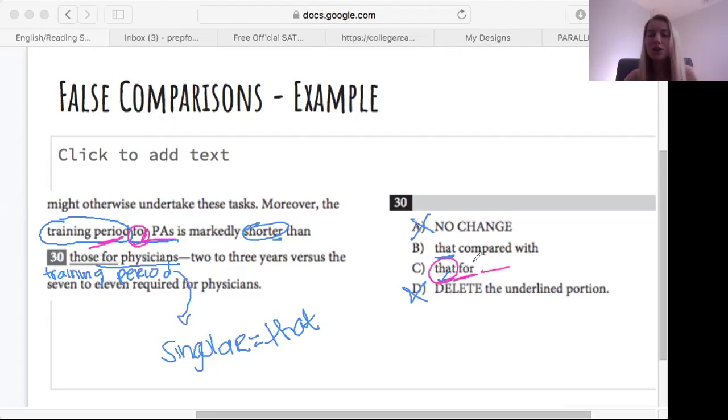It's that parallel structure: this for that, this for that. So that tells us C is probably going to be good. On top of that, we have the wordiness and redundancy, because I already know it's compared since I'm saying it's shorter than something. Shorter means I'm comparing, so I do not need to say "compared with," which verifies why B is out. And that's how C is our correct answer.